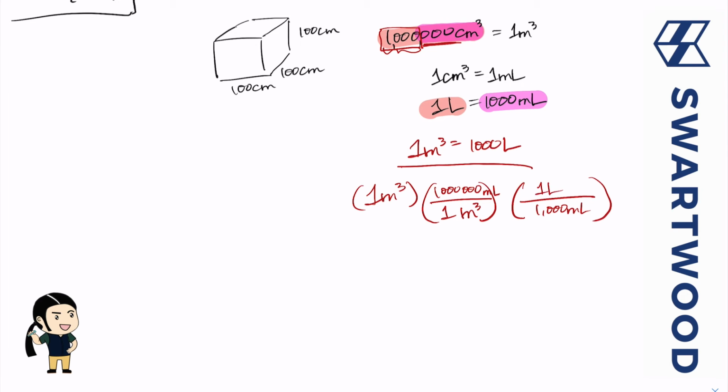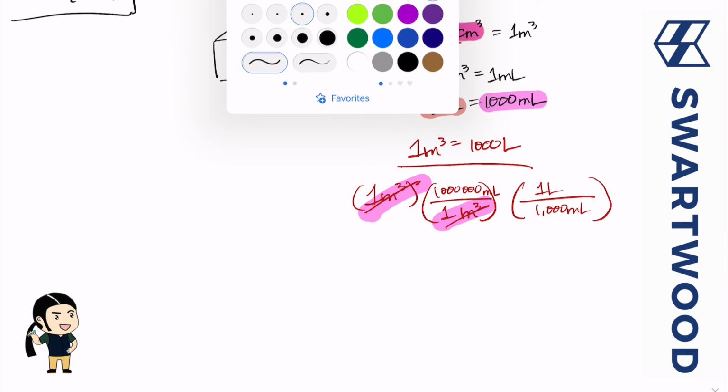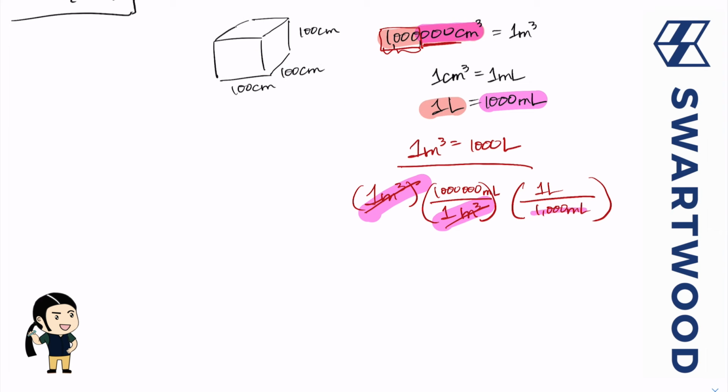So the cubic meters will cancel out, and we'll divide out 1,000 here. That'll cancel out 3 zeros, and you can clearly see you've got 1,000 left. So it's going to be 1,000 liters. All right, no big deal.